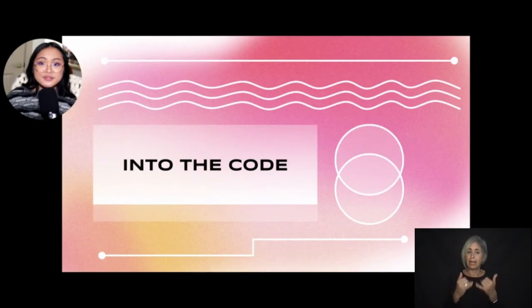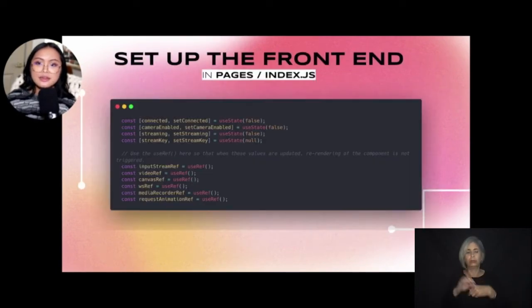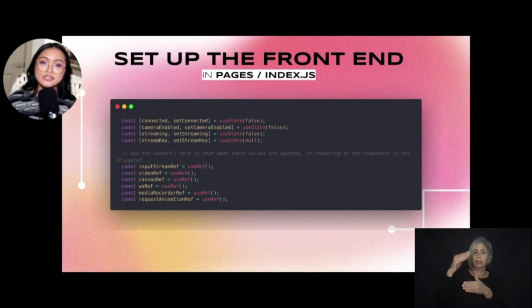So now that we've gone over what we're building and what tools we'll be using, let's go ahead and get into some code. So to start off, this walkthrough will assume a traditional Next.js project setup. So we'll just be using the create-next-app package to set it up. So once that's ready to go, we'll just start in the front end in the pages folder, in the index.js file inside that folder.